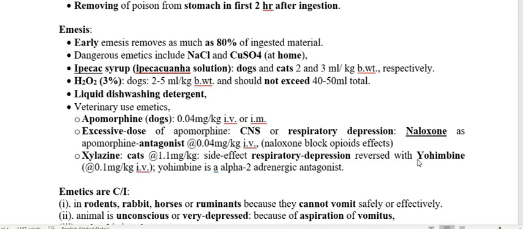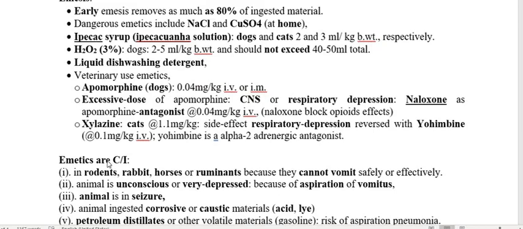Yohimbine is the drug which has to be given for the therapy of xylazine toxicity, which produces respiratory depression in cats at higher doses, because yohimbine is an alpha 2 adrenergic receptor antagonist and xylazine is an agonist. So we give the antagonist yohimbine to inhibit the agonist activity, that is the xylazine activity.